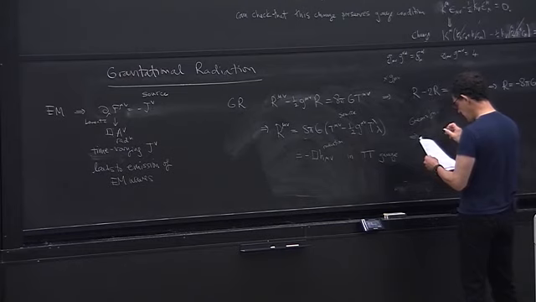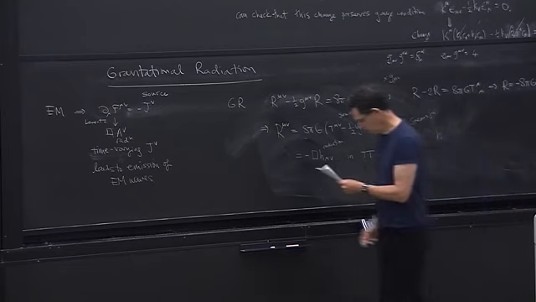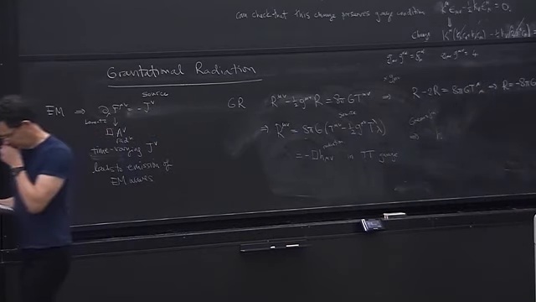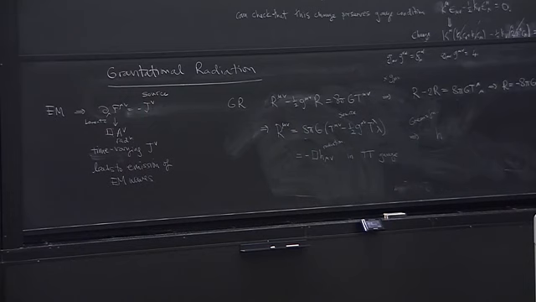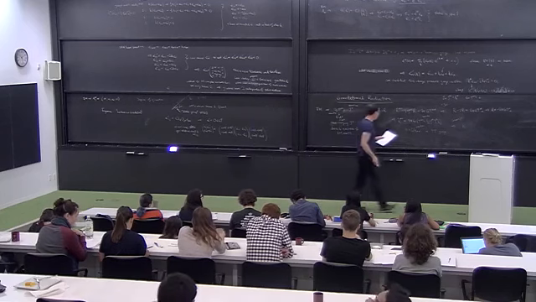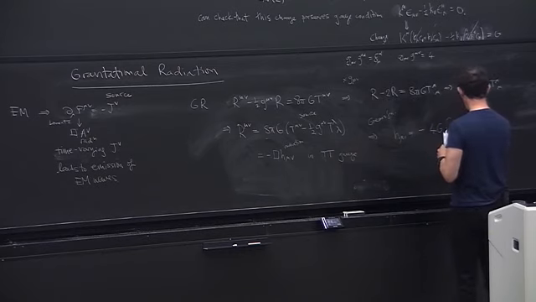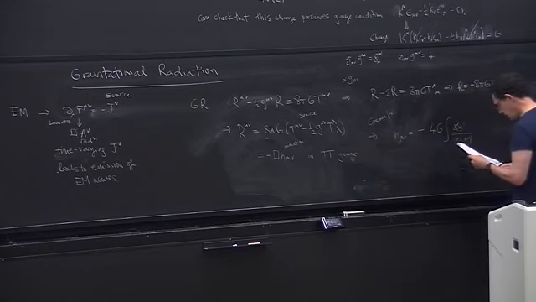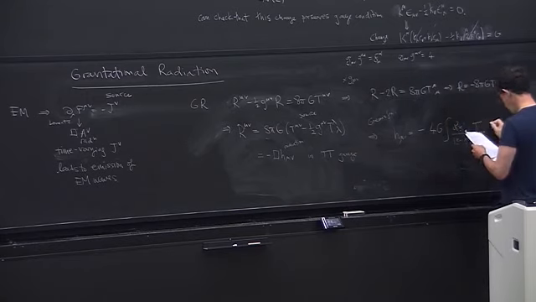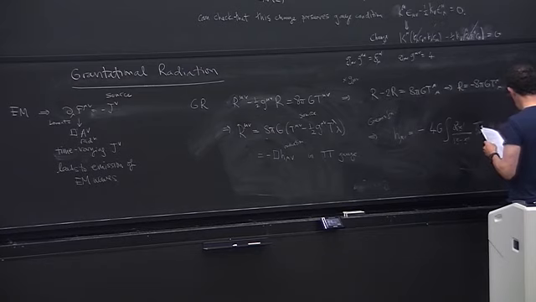So we end up with h_{μν}, which is -4G integral d³x' over |x - x'|, of the source evaluated at time t minus |x - x'|, at position x'. You might remember these Green's functions from electromagnetism.